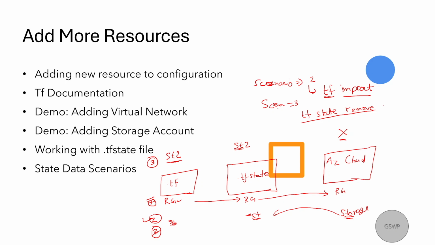Here we have to give the Terraform ID of the resource. Once we provide this information, it will remove the resource from the Terraform state file. And the next time when we deploy it again, it will try to create the resource, and then it will be a synchronized resource and it will be managed by Terraform.